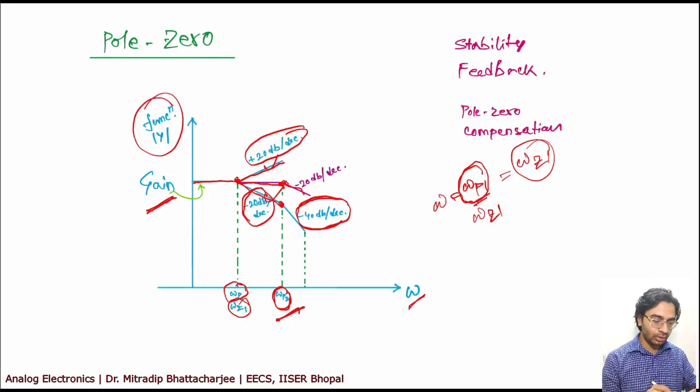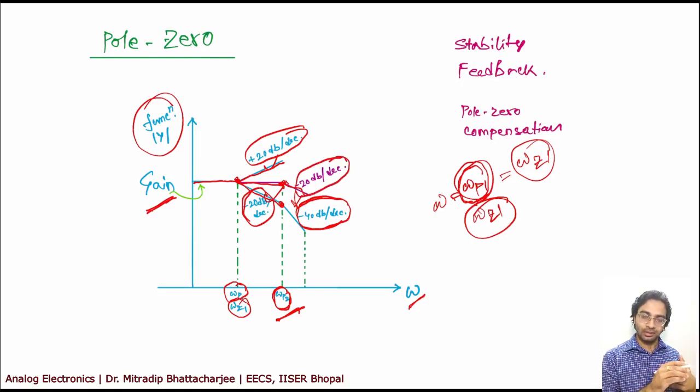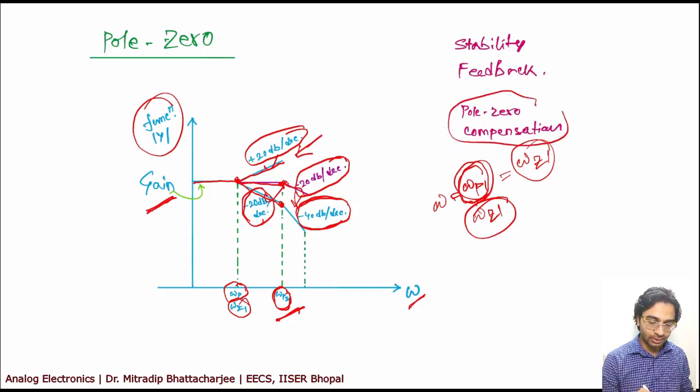If there were no zero, it would be minus 40, but you have a zero which is always there after WZ1 or WP1, so the net slope now is minus 20 dB per decade. So here you have compensated one pole by using a zero. This is called pole zero compensation.